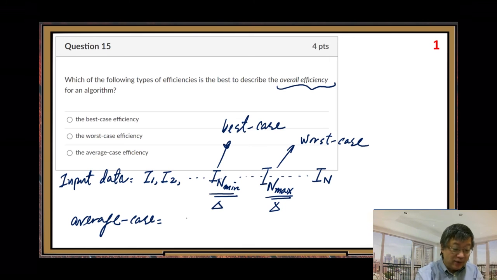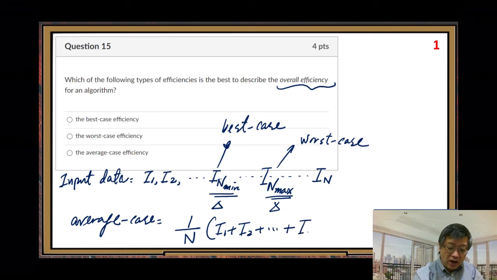To make the representation easier, I just take the average: total number of input cases, capital N, and the efficiency number for each one, I1 plus I2 plus and so on, plus I N. So this is the average case efficiency representation.